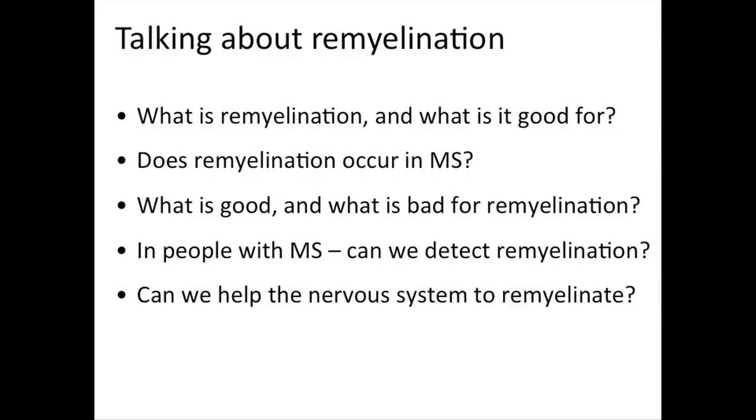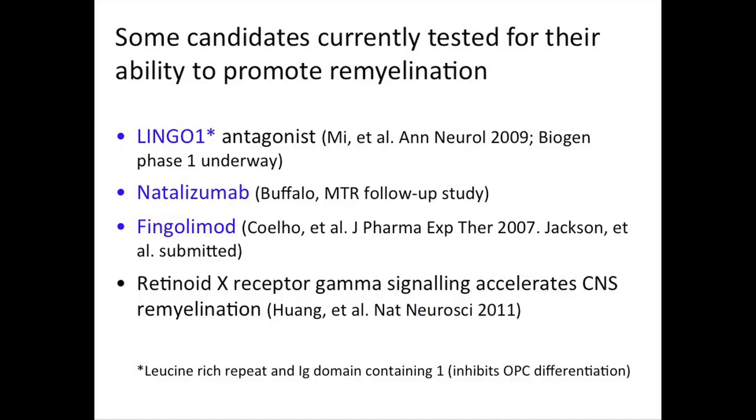Finally, can we actually help the nervous system to remyelinate? There are various strategies, including those mentioned here. LINGO is up here, written out down there. It's one of the inhibiting factors I mentioned that inhibit differentiation.